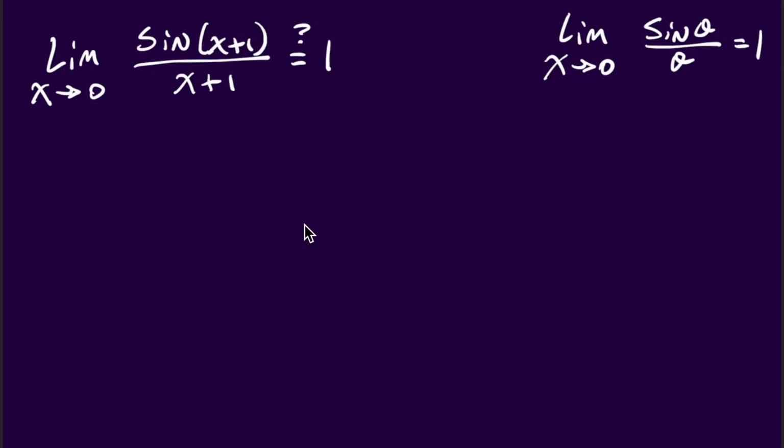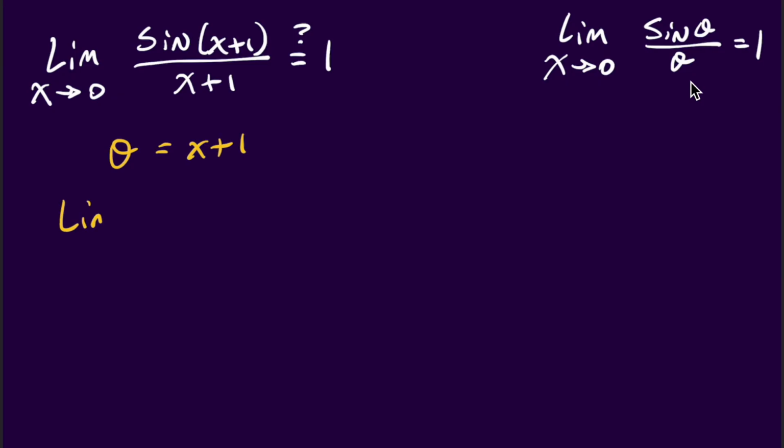In this next limit, we are asked, what is the limit as x approaches 0 of the sine of x plus 1 divided by x plus 1? The sine of this argument with that same argument in the denominator, does that yield 1, just like this classic limit to the right? So let's go ahead and do what we've been doing. We're going to let theta equal the argument.